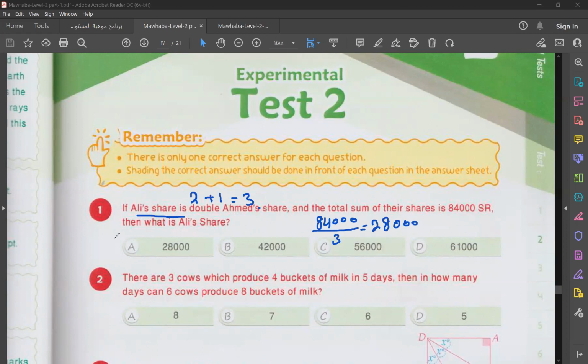So now, what is Ali's share? Ali's share is double. So we multiply by what? By 2, right? Correct. So the answer is 56,000. Do you understand, Fatima, how I do it?